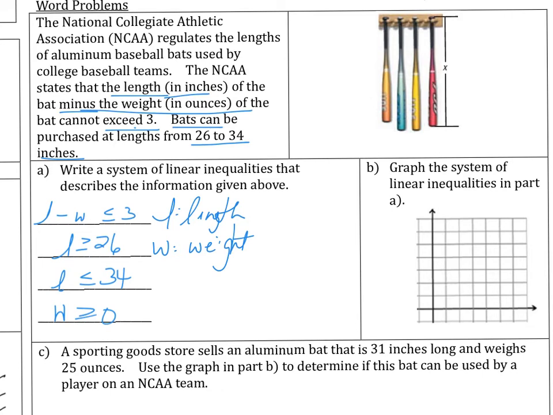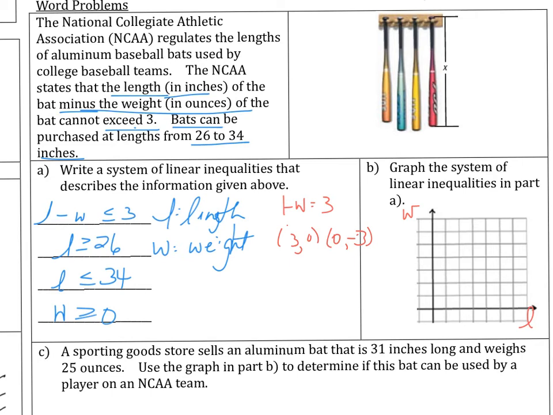So for L minus W less than or equal to 3, I'm going to graph the boundary line. I'm going to let the x-axis be the length and the y-axis be the weight. So I'm going to find the L and W intercepts now. So when W is 0, L is 3. When L is 0, W is -3.